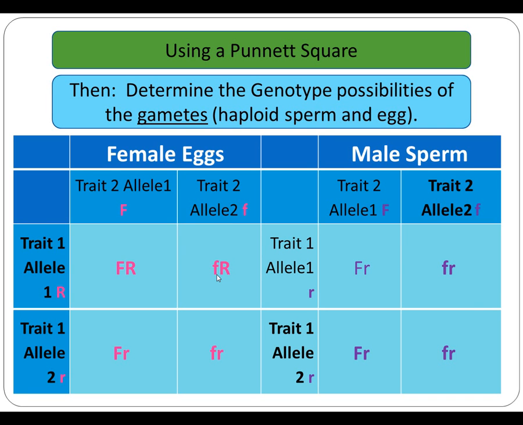And then you would do the same thing for where it's labeled male. In this case, I have a male across the top. As long as you're consistent in how you're placing it, it's fine. So the male sperm allele combination, you would just transfer those 1, 2, 3, 4 across. Does that help?